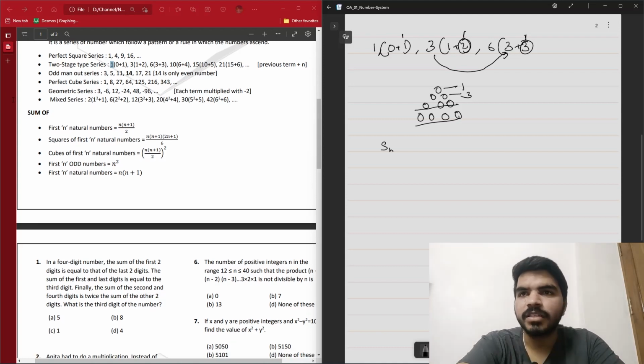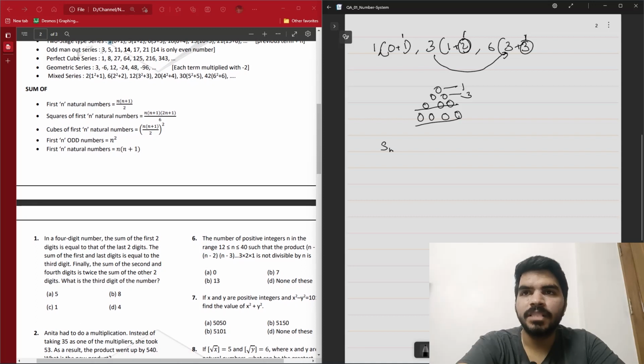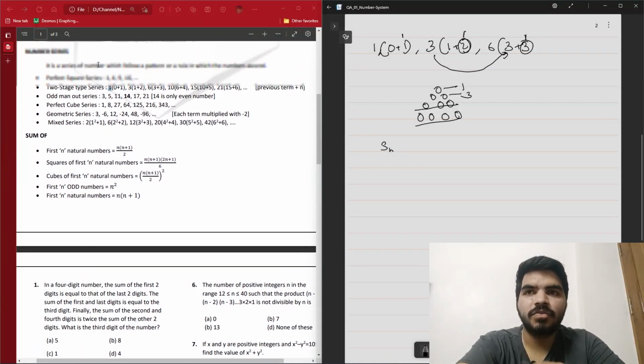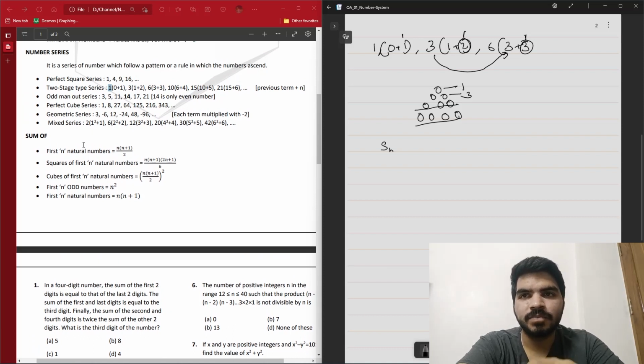Perfect cube series, again cubes. Geometric series, where each number is multiplied by a constant, a GP, geometric progression. Mixed series, where you can have a combination of any types of series. Now this one is 1 square plus 1, 2 square plus 2, 3 square plus 3, and so on.